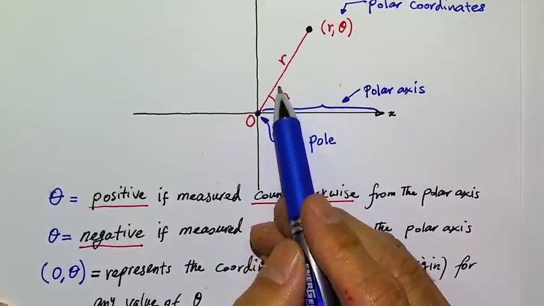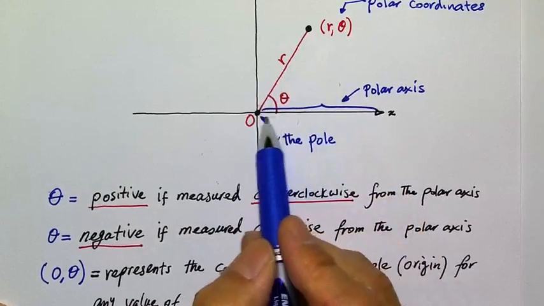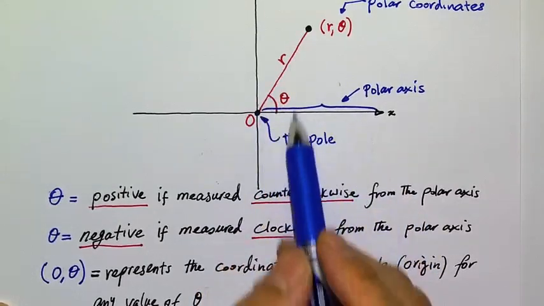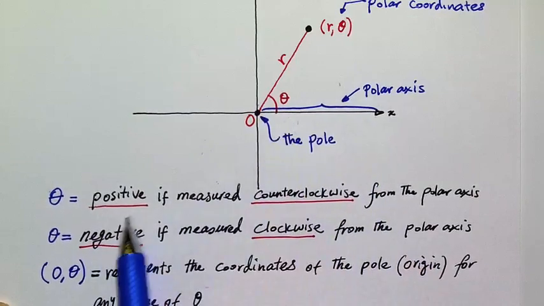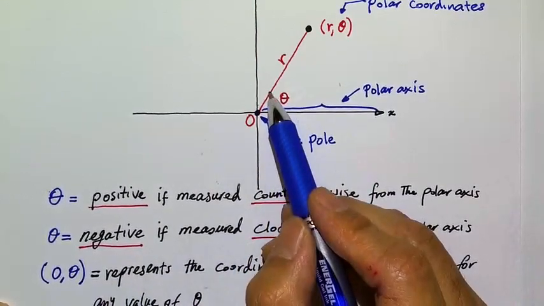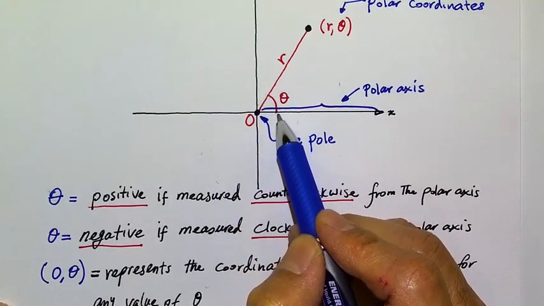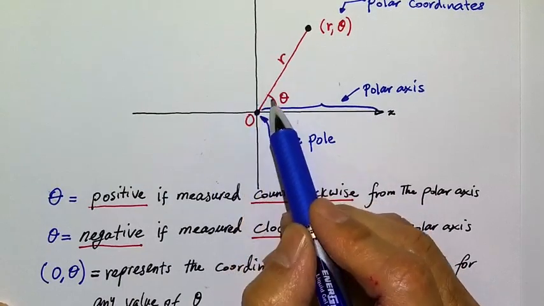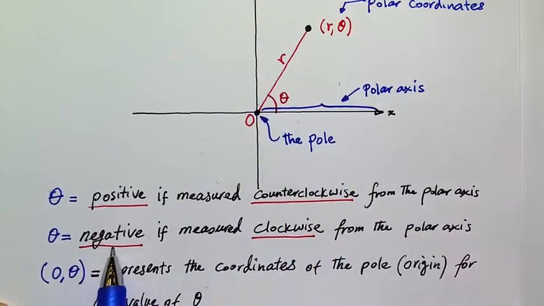If we go to this line from the polar axis counterclockwise, the theta value is going to be positive, let's say pi over 4 or pi over 3. But if we get to this line in the clockwise manner, going from the polar axis this way to that line, that theta will have a negative value.